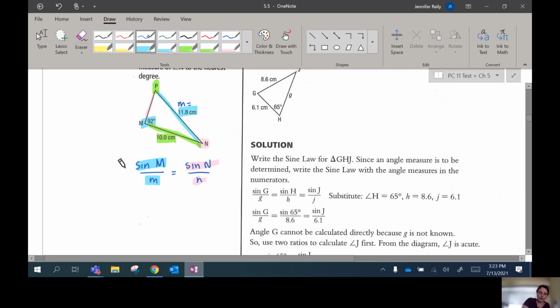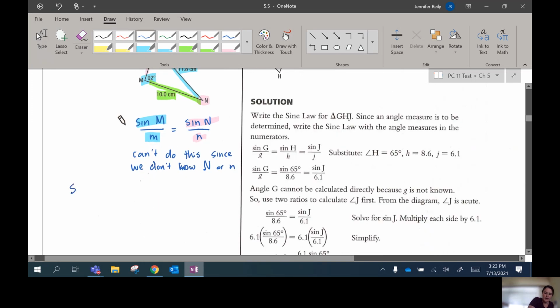Can't do this, since we don't know n or little n. Okay, so let's set it up like this instead. Sine m over m equals sine p over p.